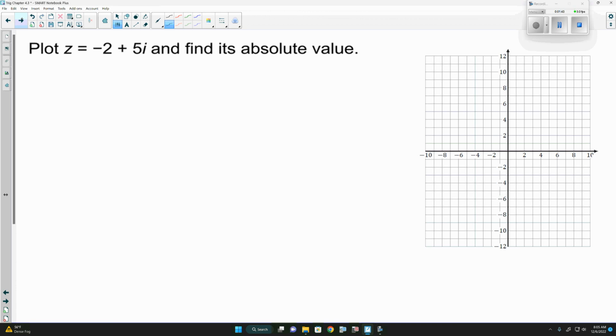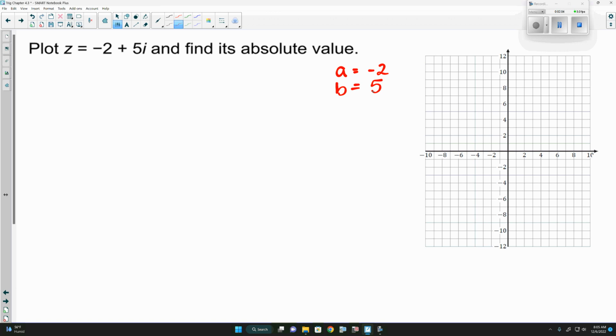So we're going to plot and find the absolute value of this number here. If we plot this point, negative 2 plus 5i, well, the a value is negative 2. The b value is 5.